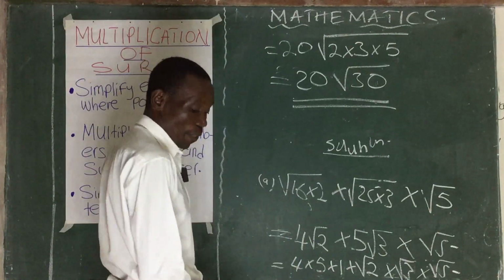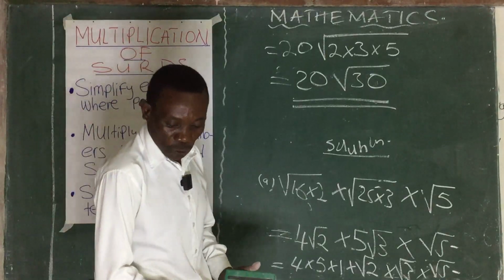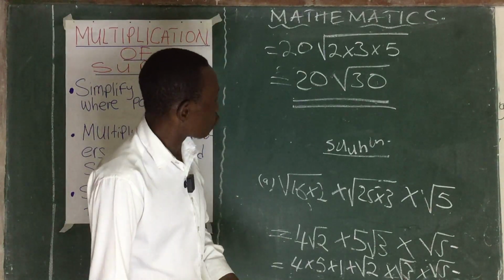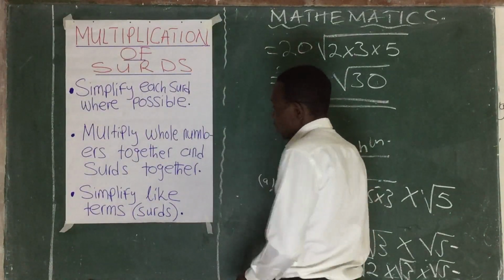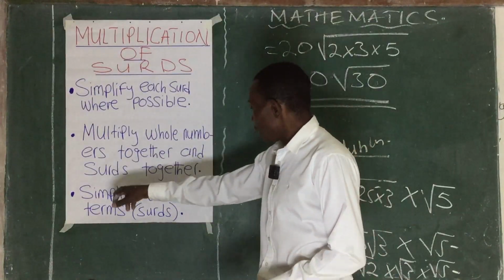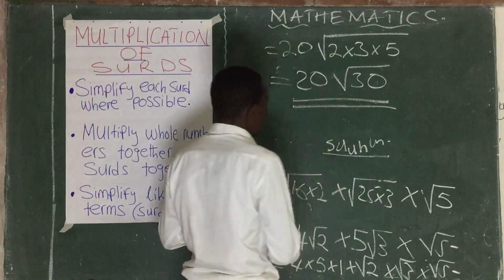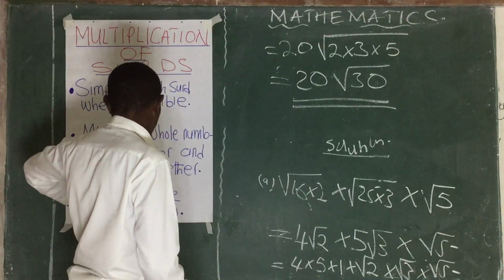Which we had up there, where we were asked to work on the root of 32 multiplied by root of 75 multiplied by root of 5. So what we've been doing here is like the last part, where if you have like terms that need to be simplified, but in our example we are not taking step number 3.